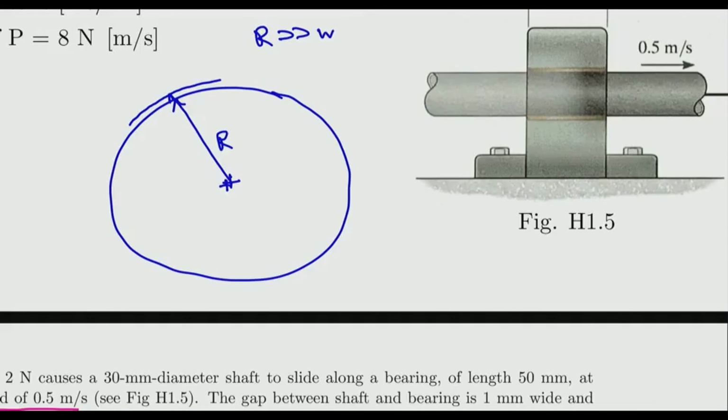If we look at this, the velocity profile, sorry, it's straight, right? The velocity profile can be assumed linear.